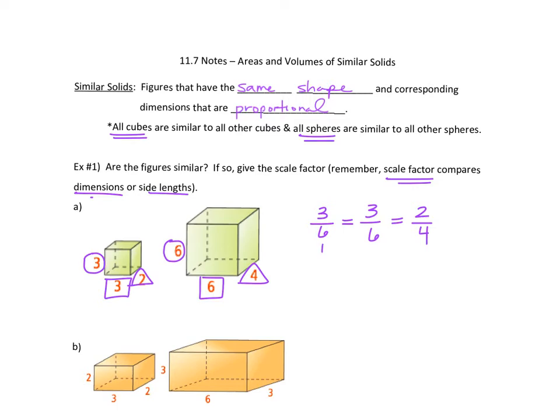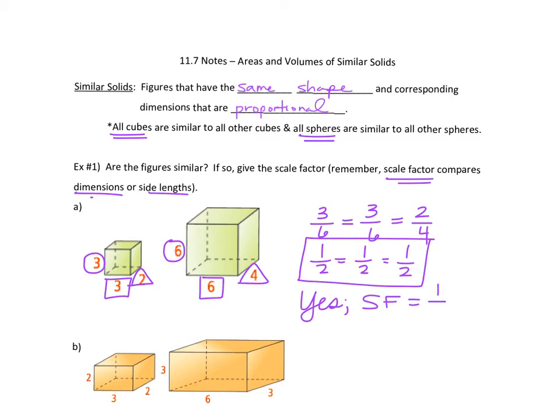Okay, so if you notice, this is 1 to 2 and 1 to 2 and 1 to 2. Well, because they are proportional, right? They have the same scale factor. Because they have the same scale factor, then we would say, yes, those are similar figures. So are they similar? Your answer is yes. And your scale factor is 1 to 2. Okay, so this would be your answer.